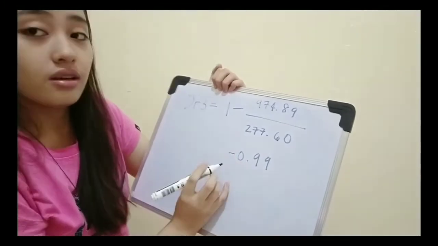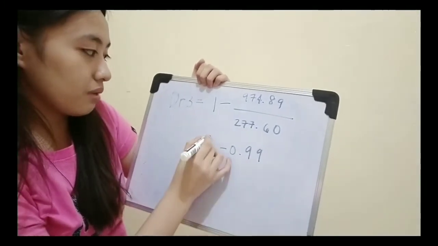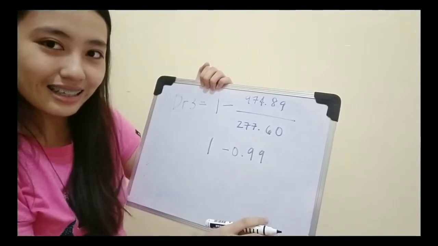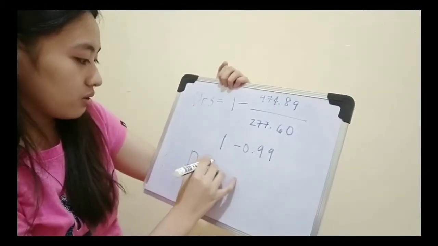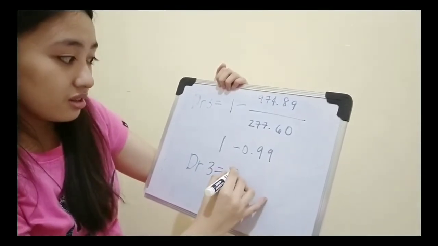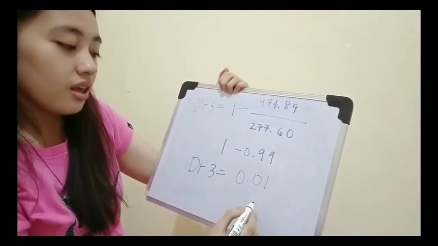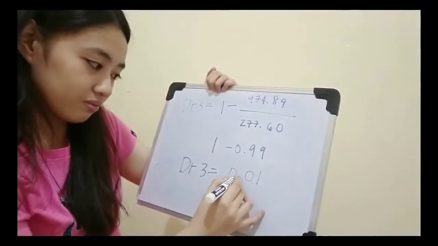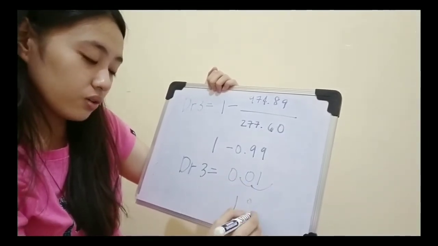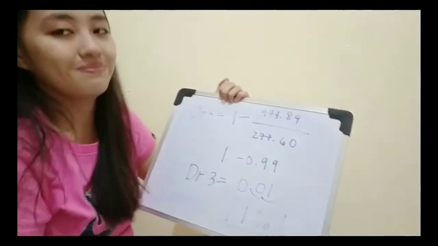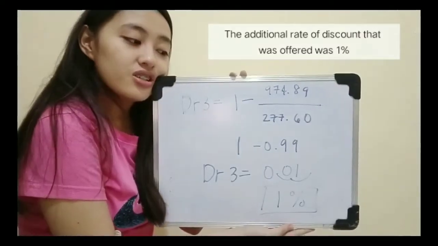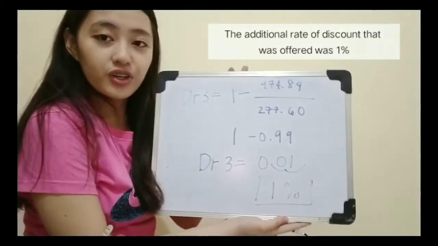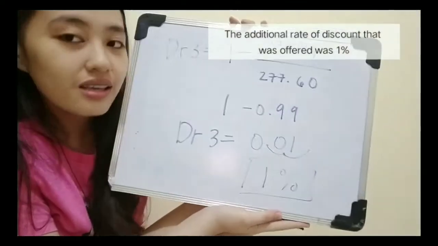So ngayon, dahil meron na tayo nito, i-minus natin yung 1 to 0.99. So 1 minus 0.99 is equal to, discount rate number 3 is 0.01. And since rate ang tinatanong, that would be equivalent to 1%. So therefore, the additional rate of discount that was offered is 1%.